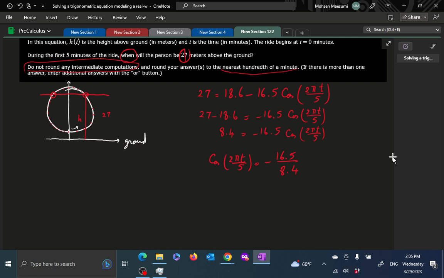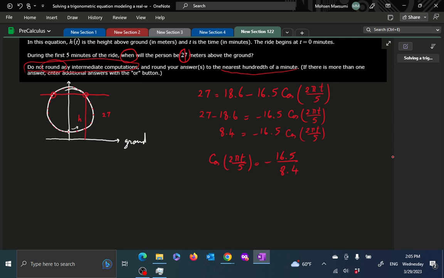So one of two options: either write this to the full number of decimal places, or just delegate this to your calculator, let it do the division and keep all the digits in memory. For that reason, I just leave this as it is. It says do not round any intermediate computation, just so that we don't lose accuracy by dropping digits off.